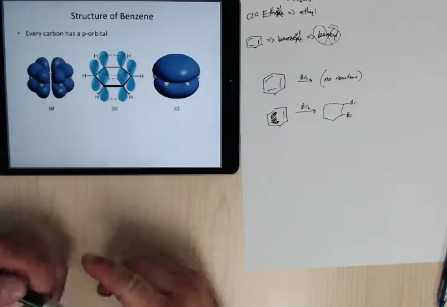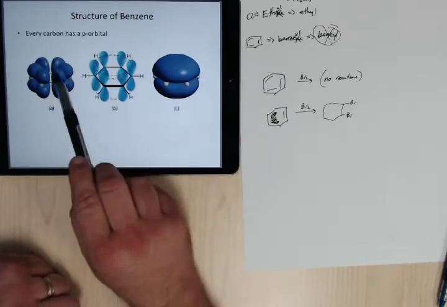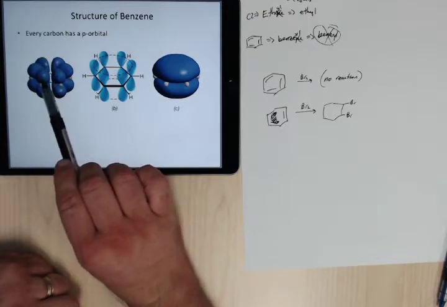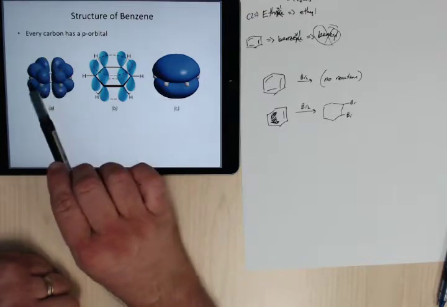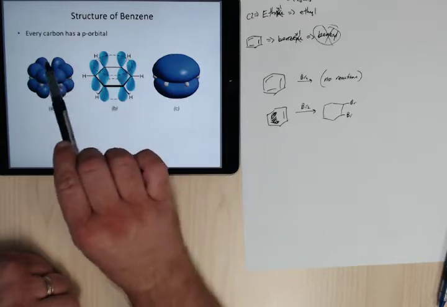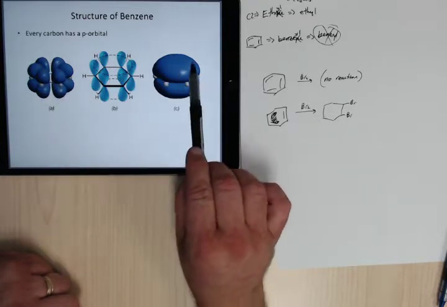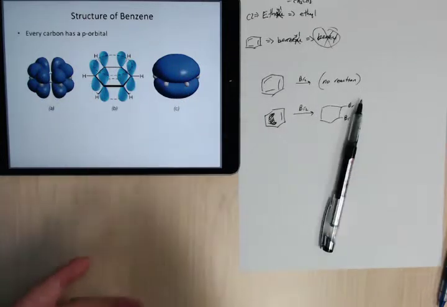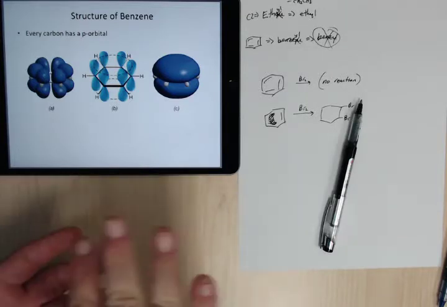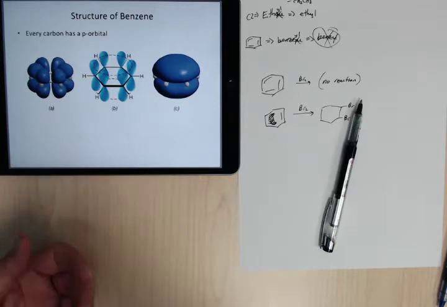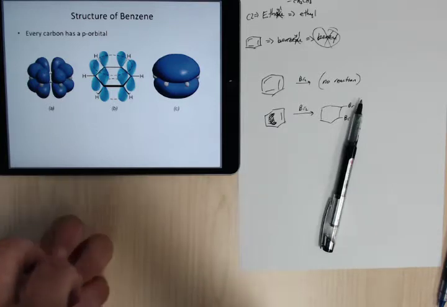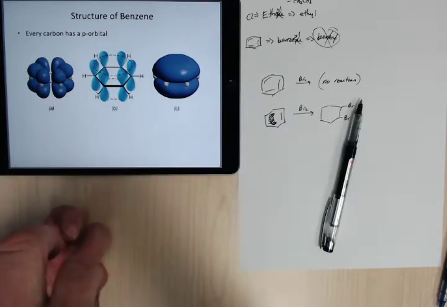Now, the structure of it is, remember, a conjugated system where each of these carbons is going to have a pi bond, and because they're like this, they're going to smear together. The best way I've been able to describe it is you take a hamburger, and instead of the buns, you've got Krispy Kreme donuts.